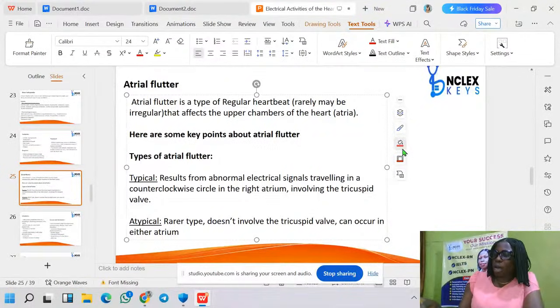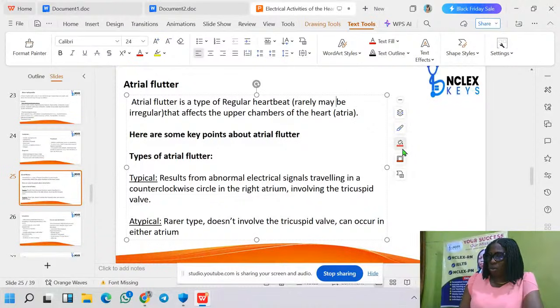There is a typical appearance it will look like. How many of us have seen a carpenter saw before? You know the saw they use to cut plank or wood.